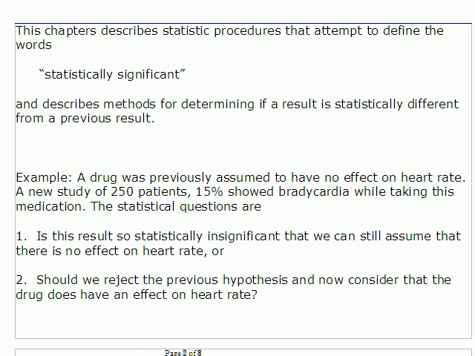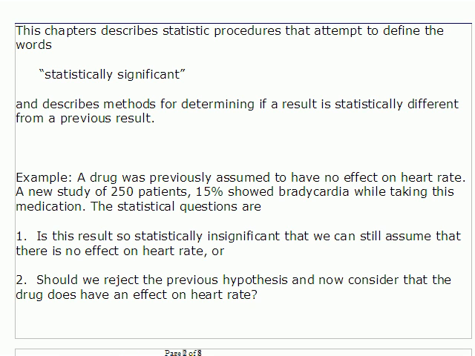And then the question is: is this new measurement significantly different from the previous one, or is it so close to it that we can consider the difference just due to noise or a little bit of change in experiment? And that's what hypothesis testing is about. It's a procedure to determine if a new result is significantly different from the previously held one.